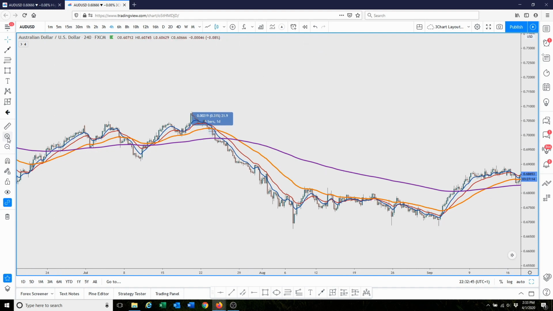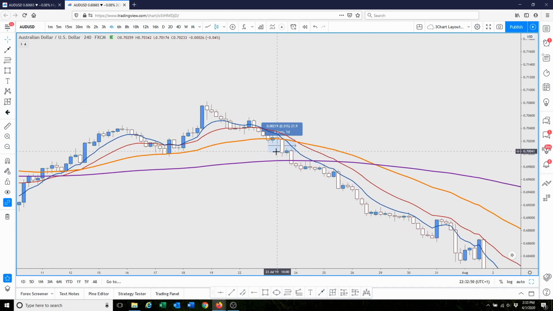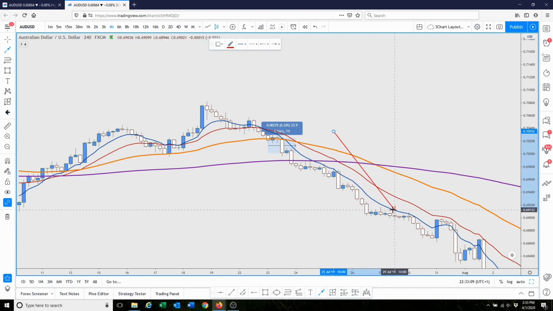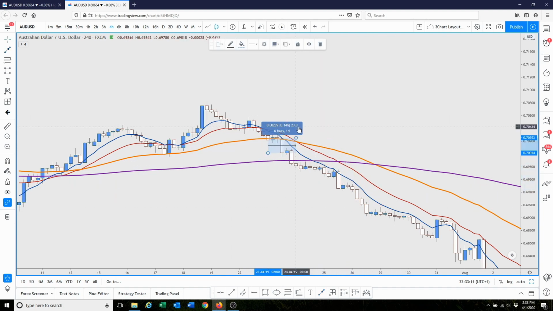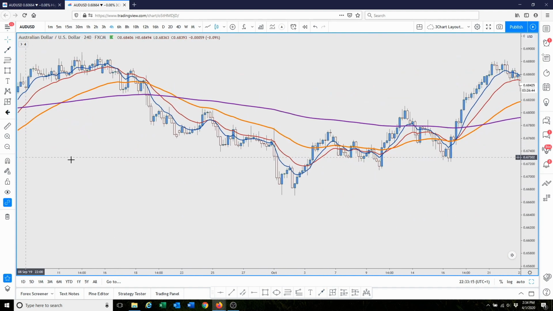Let me zoom in. Off of this bullish engulfing candle, if we put a 20 pip stop loss, this is the next candle, so we would have been safe. Look at the size of these candles. These were nice small candles back in the day, before, unfortunately, the coronavirus took over.